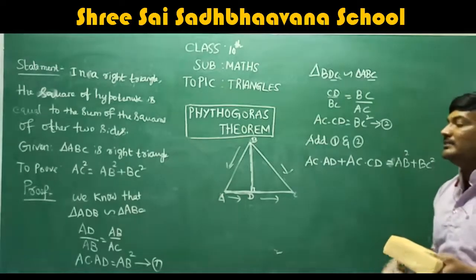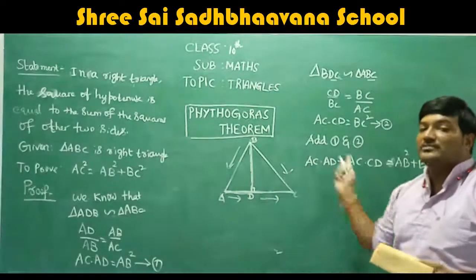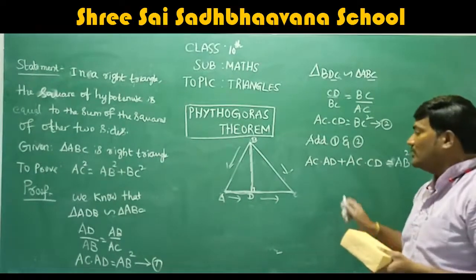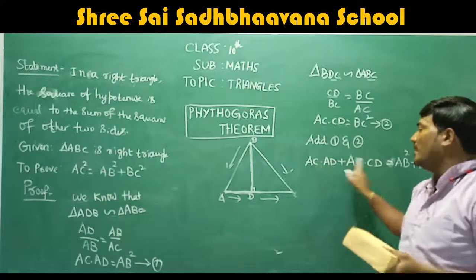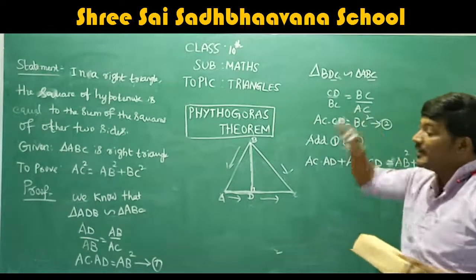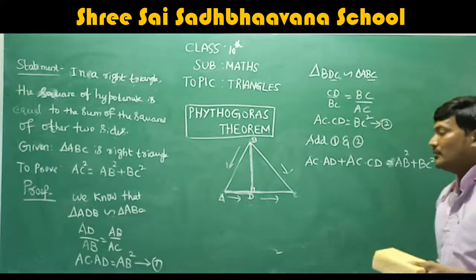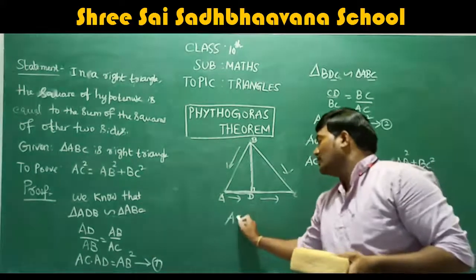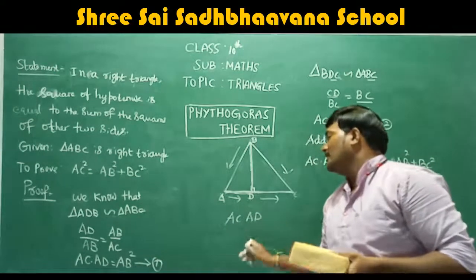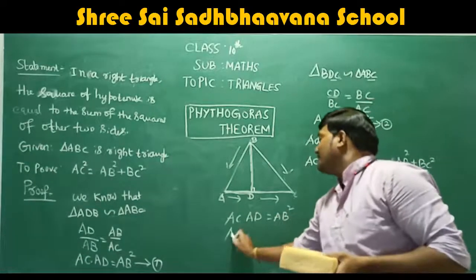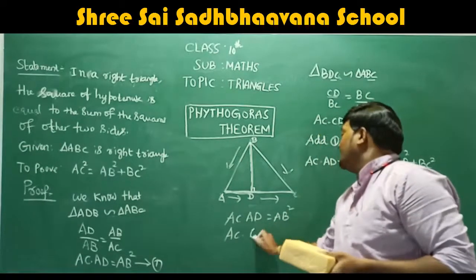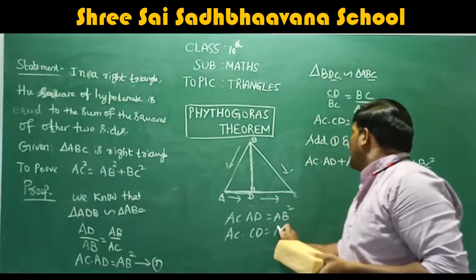We are adding the LHSs of both, which is equal to the sum of the RHSs. I hope you understood. So add both LHS separately and add RHS also. And if you are getting confused, you can see it like this. Just like equations, I am adding: AC into AD is equal to AB square. Next, AC into CD is equal to BC square.